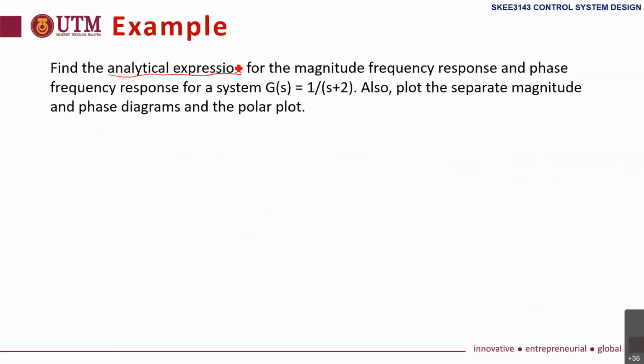If you see past year questions, there were some questions asking about analytical expression for the magnitude and phase. So we have two, magnitude and phase frequency response for the system. Also plot the separate magnitude and phase diagram and the polar plot. This is the first technique, and this is the second technique.